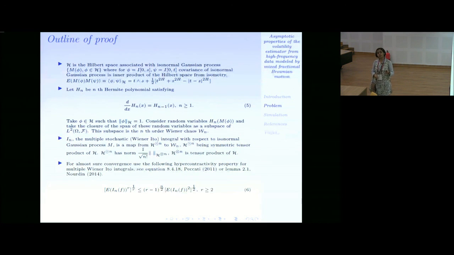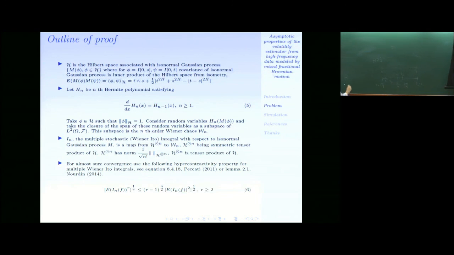First we are going to convert our original process into a Gaussian process. In our case it is mixed fractional Brownian motion. Our original mixed fractional Brownian motion is indexed by a time t, so an R-indexed process. The first step is we change it to a Hilbert space valued object.